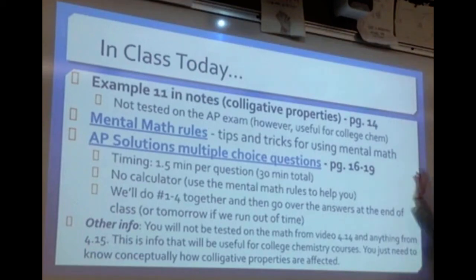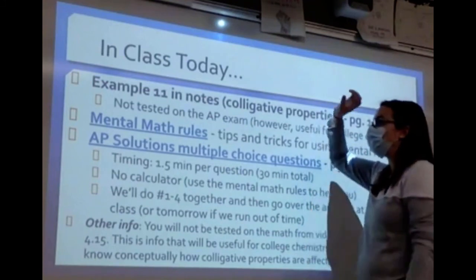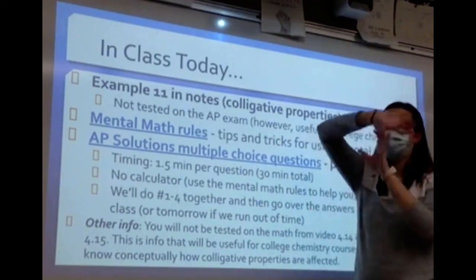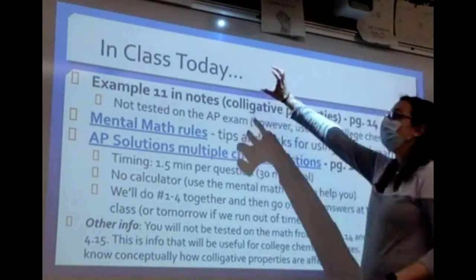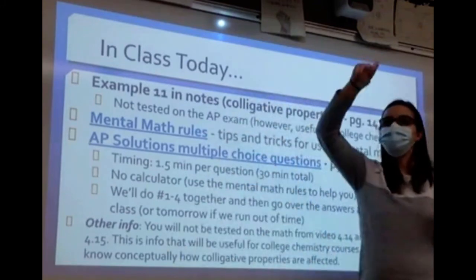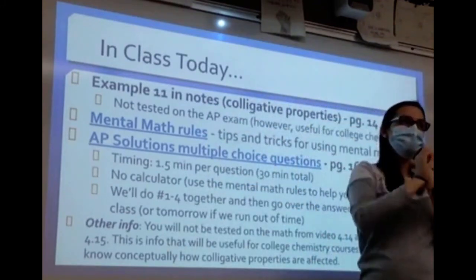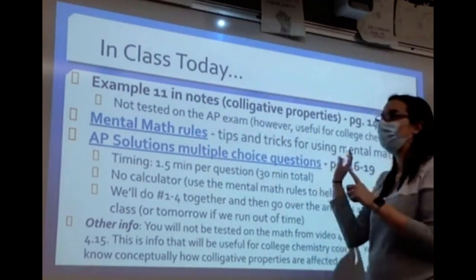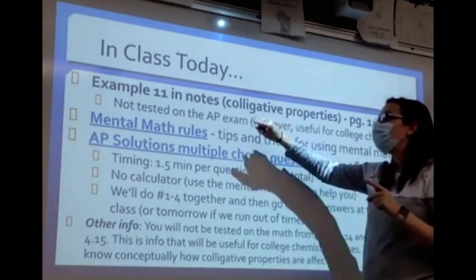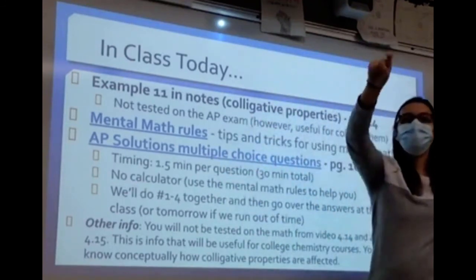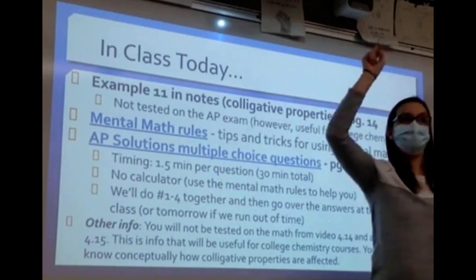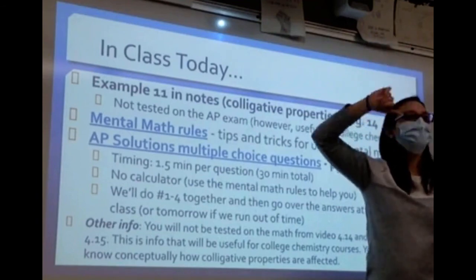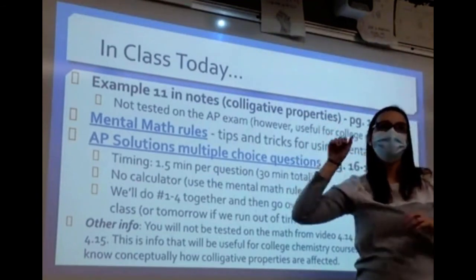Okay, so what I want you guys to do while we're switching over. First, in the top tray is the mental math rules sheet that we're going to go over after the example. So you can grab that. And then also on the counter is the Unit 4 review packet. Some people like having that early so that they can start looking through it.